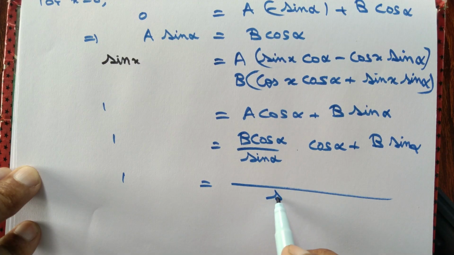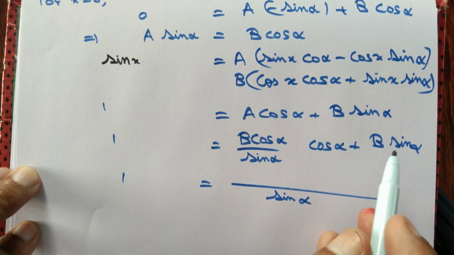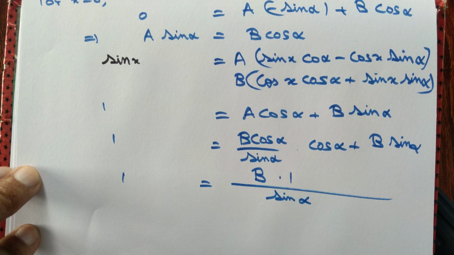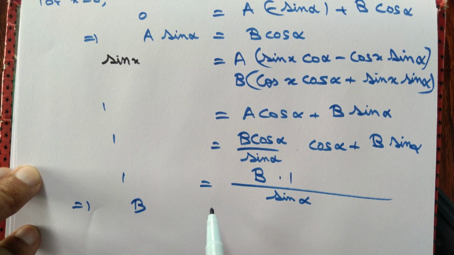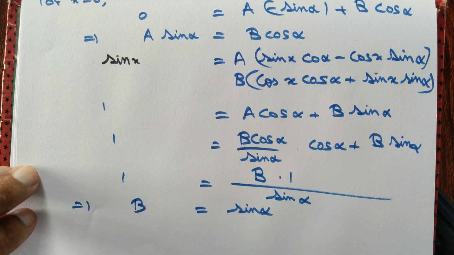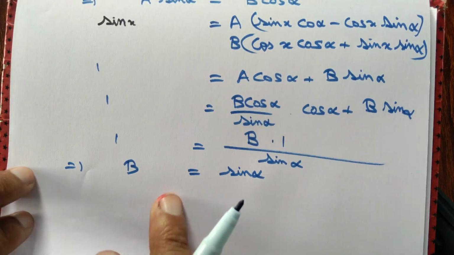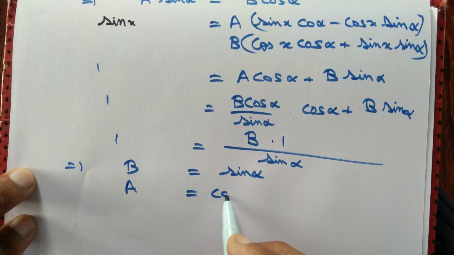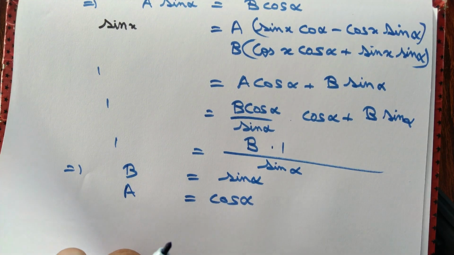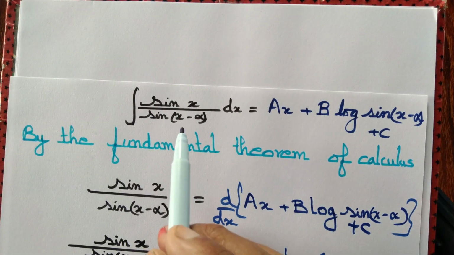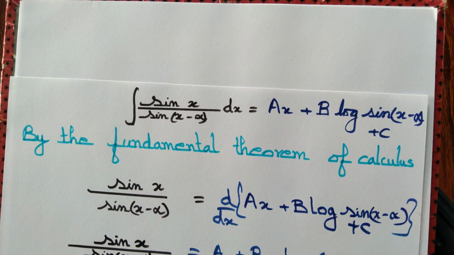Now once again, if we take the LCM, then we find that b cos square alpha plus b sine square alpha, which is just 1 because cos square plus sine square is 1, and we take sine alpha to the left hand side, we simply say that b equals sine alpha. Once we know b equals sine alpha, we can write it in this equation and say that a equals cos alpha. Do we have another choice of a and b? No. The reason being, integral of a continuous function is unique except for the constant of integration.